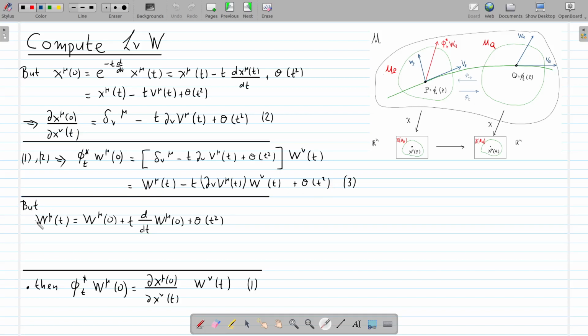But the component W mu at the point t can be expanded in a Taylor series and obtain this relation up to terms of order t squared. And then this derivative here with respect to t can be obtained by using the chain rule of the derivatives here. But dx nu by dt at the point P is nothing but the component of v nu at the point P.